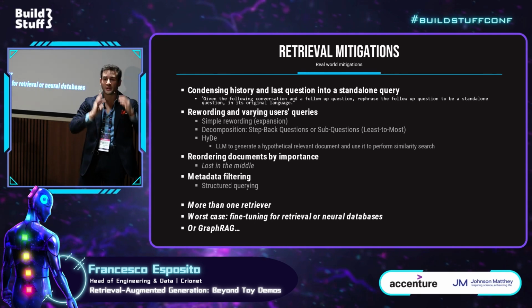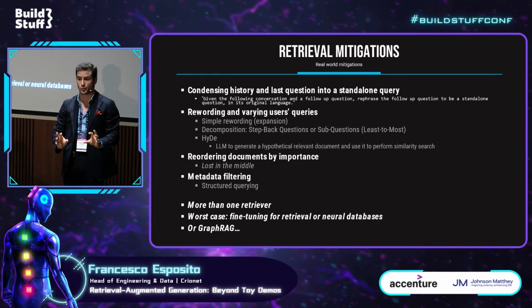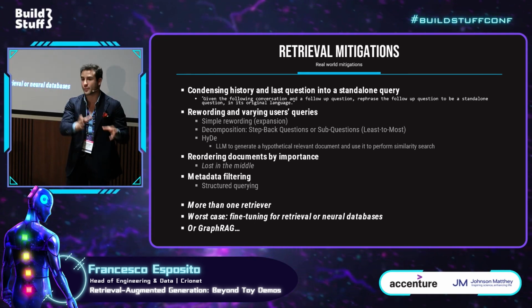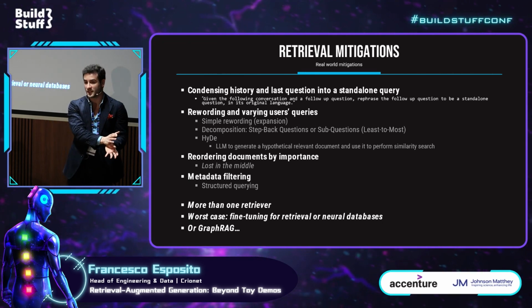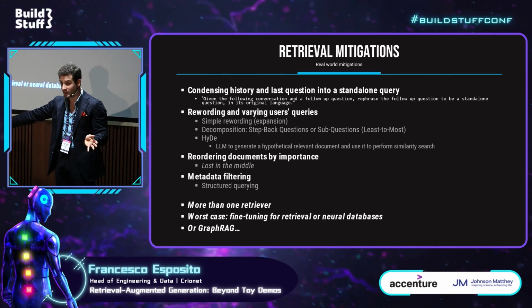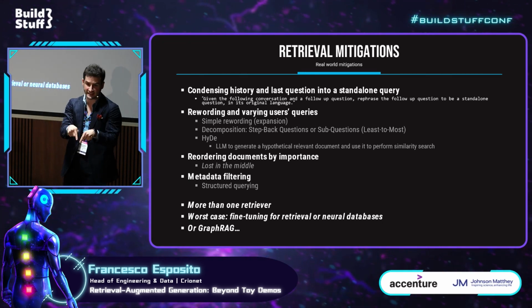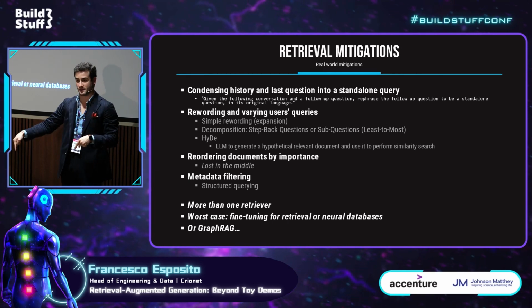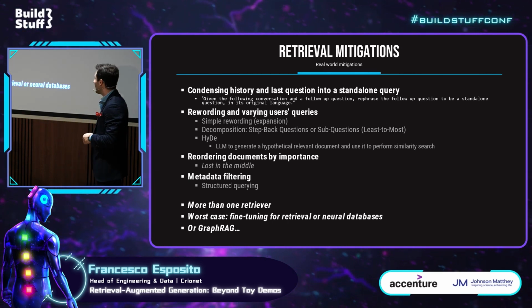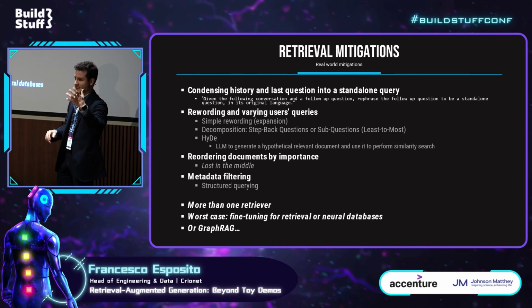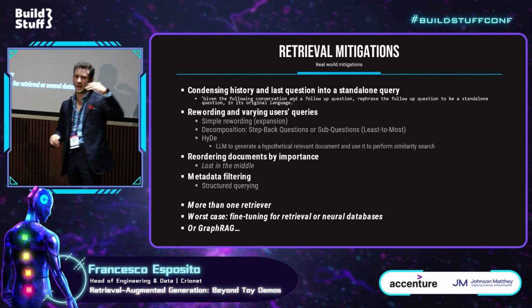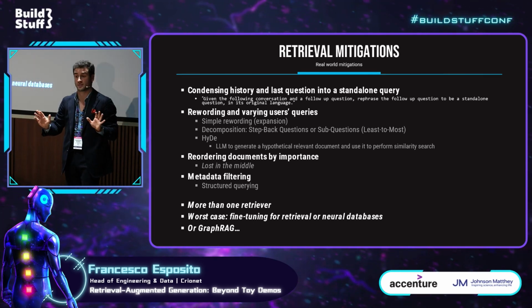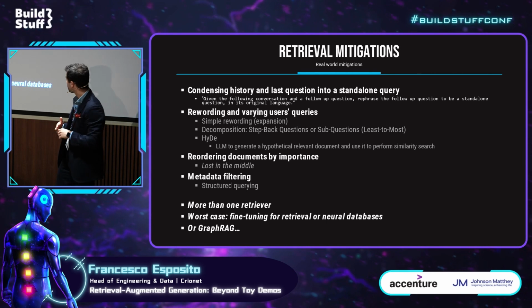So we are creating a fake document answering our question, and we are passing the fake document to the retrieval step, looking for similar existing real documents. I know it can sound a bit weird and counterintuitive, but I swear it works. It works pretty well.